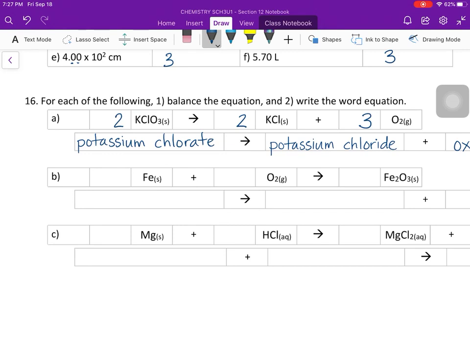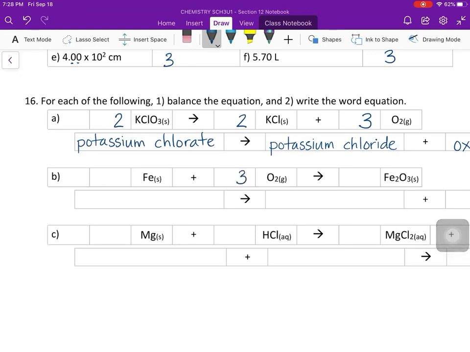Okay, next one we have iron reacting with oxygen to produce iron oxide. So I have here 1 iron, 2 iron. So a 2 in front of here could fix that. And then 2 oxygen and 3 oxygen, and that one's not so simple. So once again, groups of 2, groups of 3. So 6 total oxygens is what I'm going to need to have there.